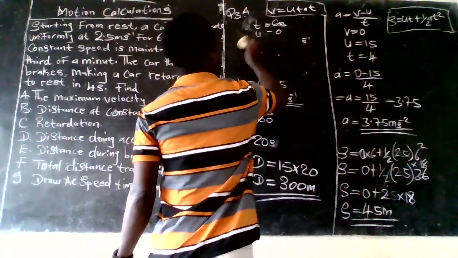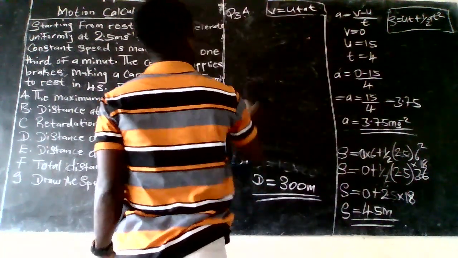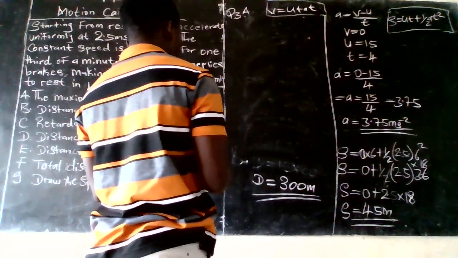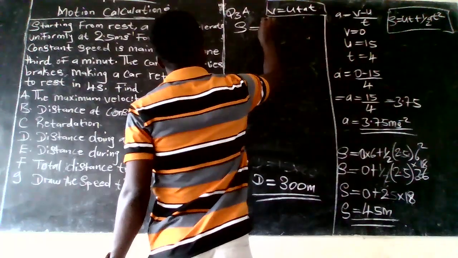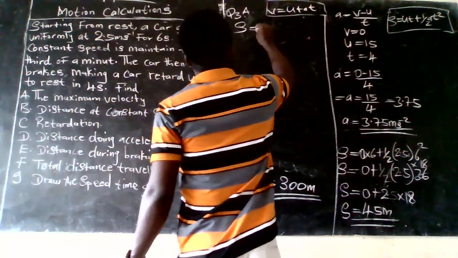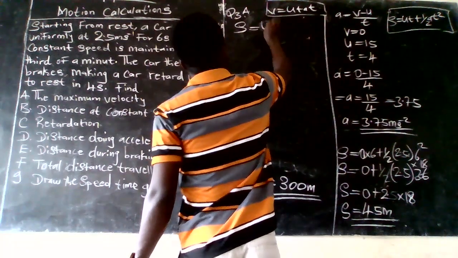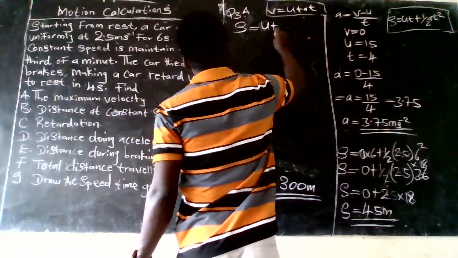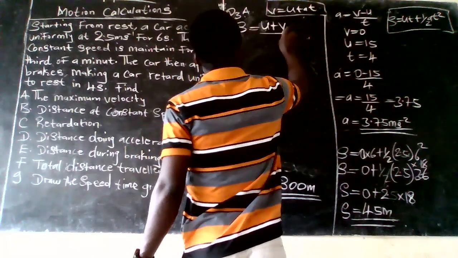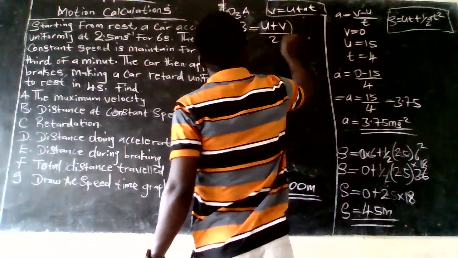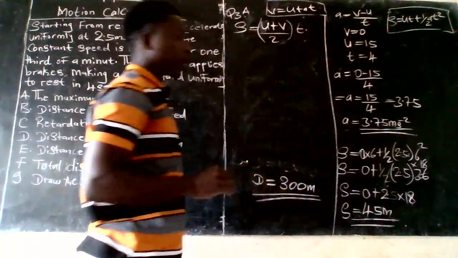So we are going to use this formula: S equals u plus v divided by 2, times t.